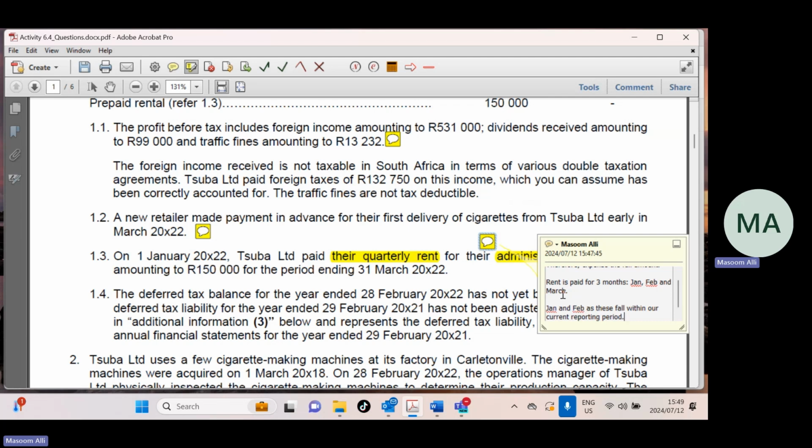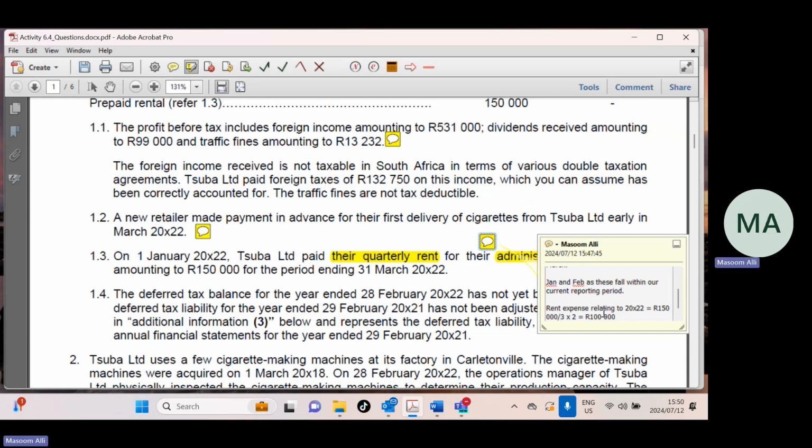Right. So therefore, you need to break this down. So therefore, rent expense relating to 2022, right, in respect of this payment, not in total, just in terms of this payment, will be the 150 over 3 times the 2 months, which is equal to 100,000 rand, right?